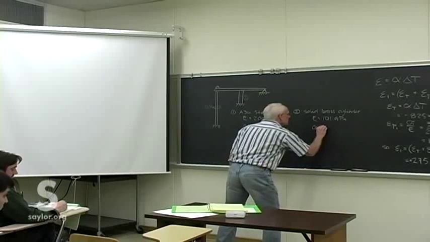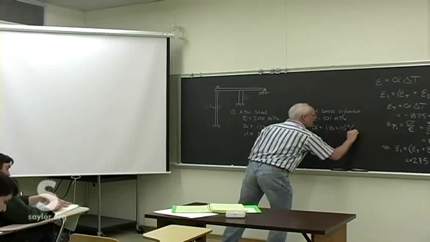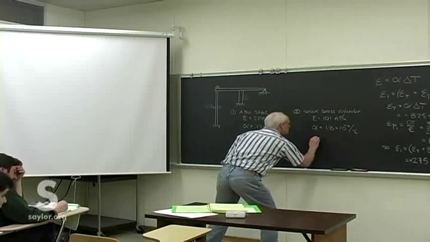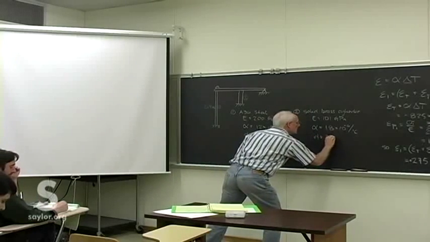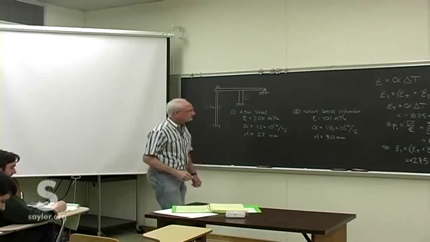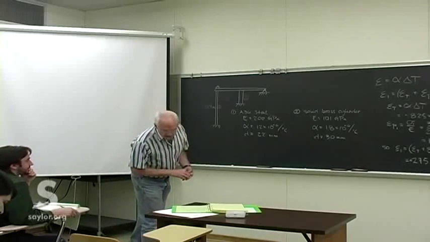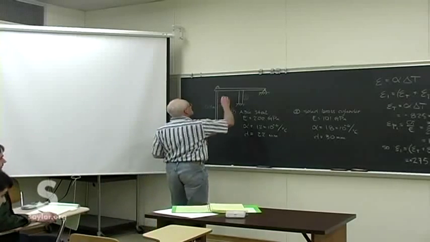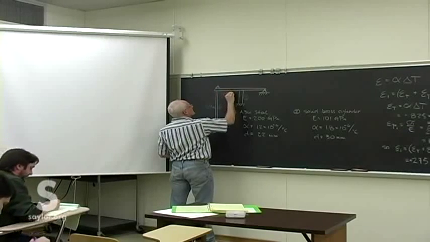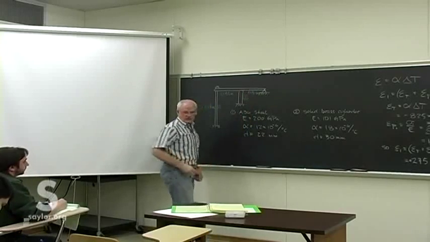This is going to change temperature, so we'll need its coefficient of thermal expansion and its diameter, 30 millimeters. And its temperature, oh, I need 2 other pieces. The distance between these, 0.45 meters and 0.3 meters there.